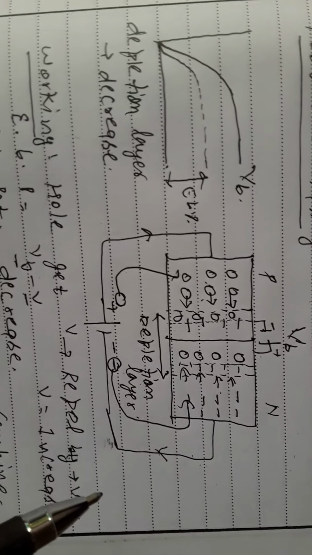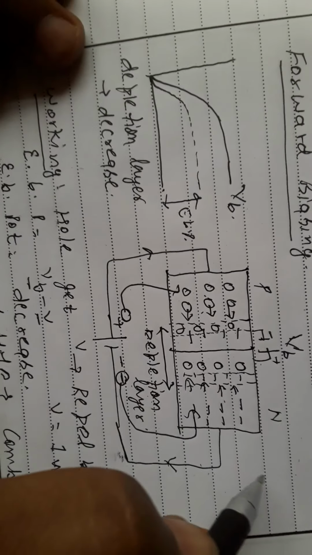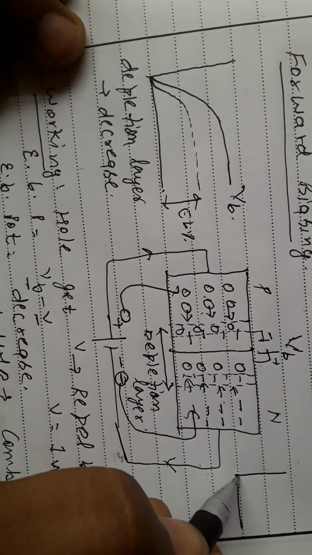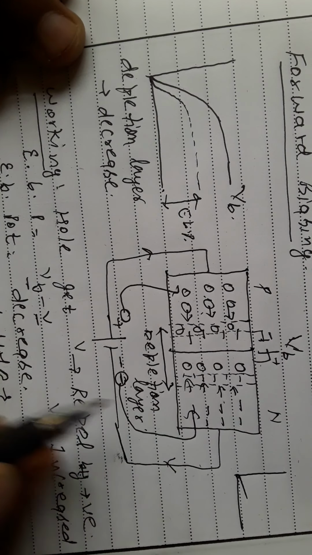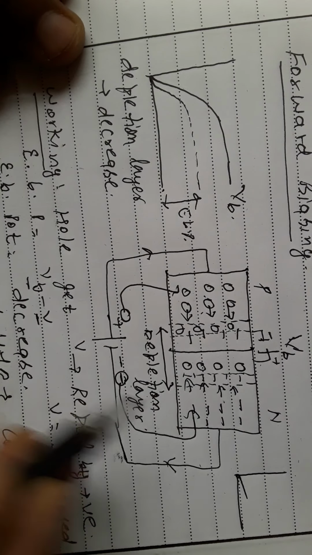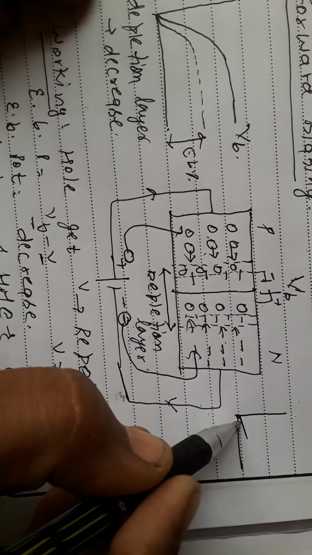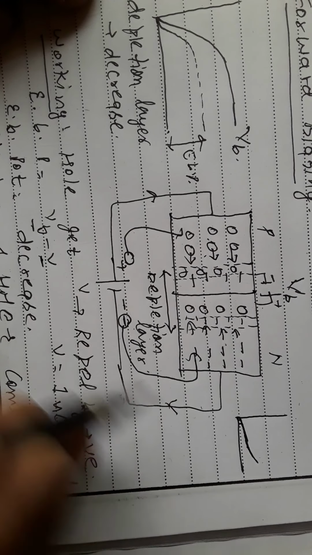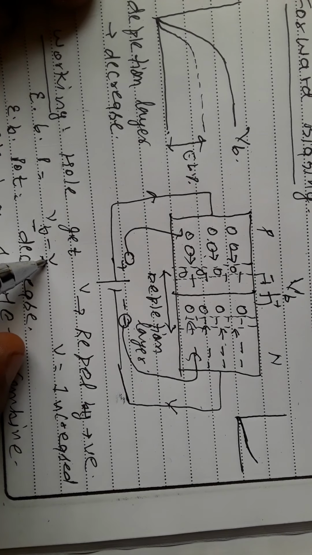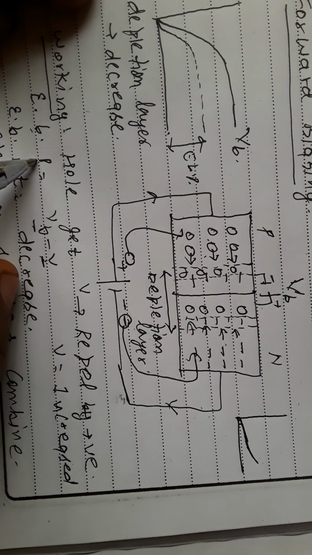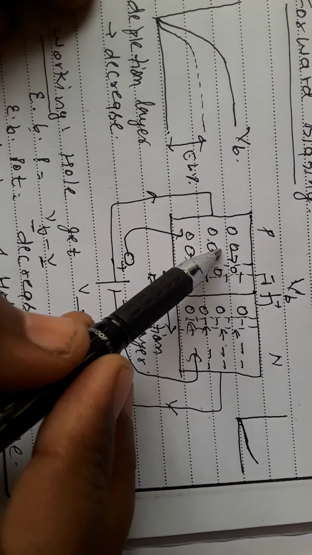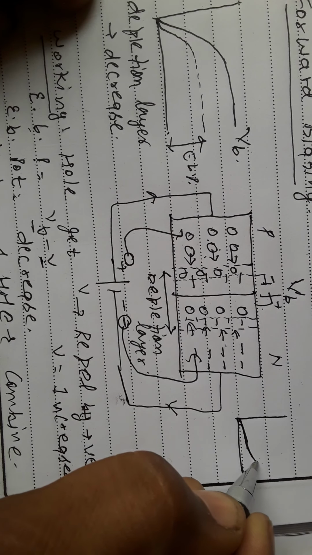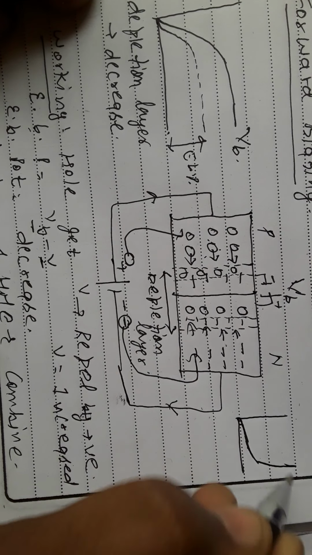If we plot the graph for the current, it looks like this. When the potential is increased slightly, the current increases, and when VB and V become equal and the effective barrier potential becomes 0, a large concentration of holes and electrons combine with each other. So a large current flows like this.